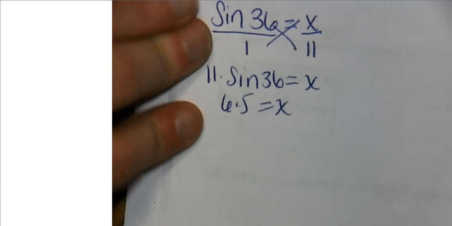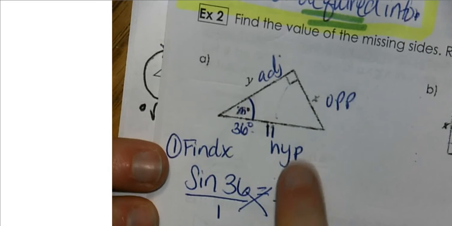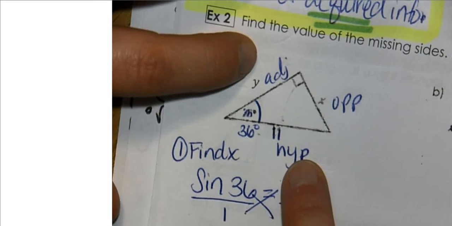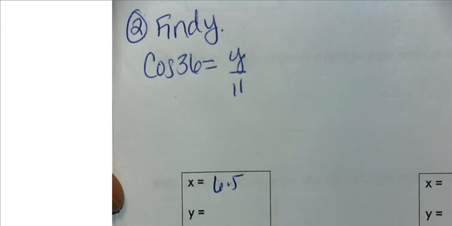For number 2, we need to find Y. I know the hypotenuse, and Y is the adjacent. So, A and H, I'm going to be working with cosine. I'm going to write the cosine of 36 is equal to the adjacent, which is Y, divided by the hypotenuse, which is 11.